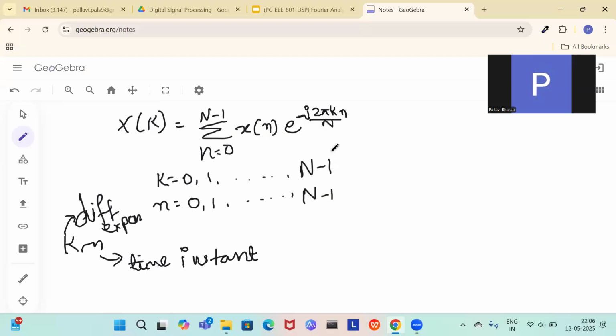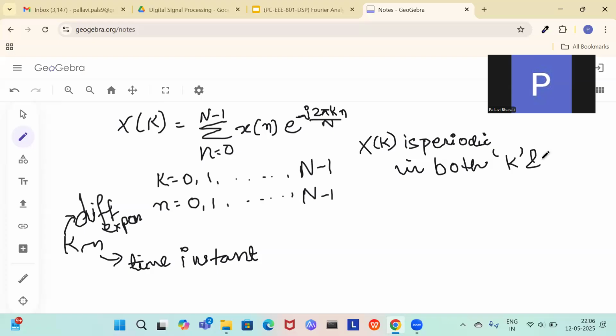So the important thing is that X of k is periodic in both k and n. So, sorry, this is small n. Both small k and small n.